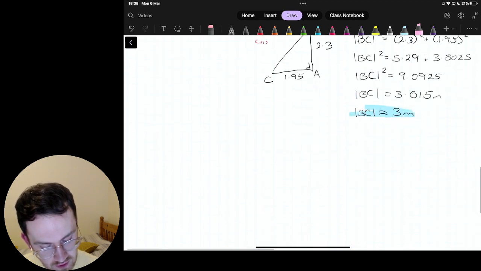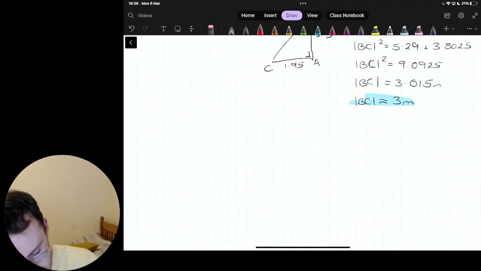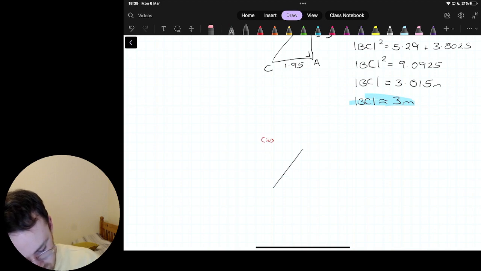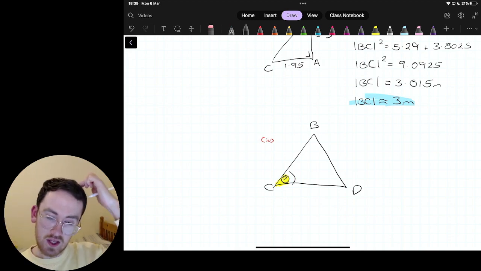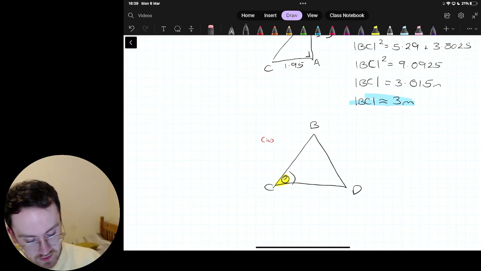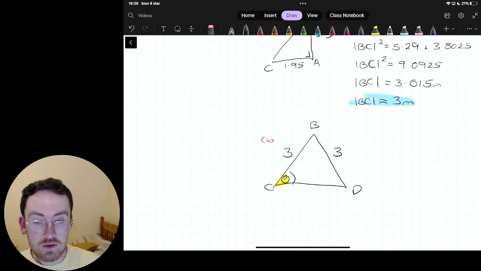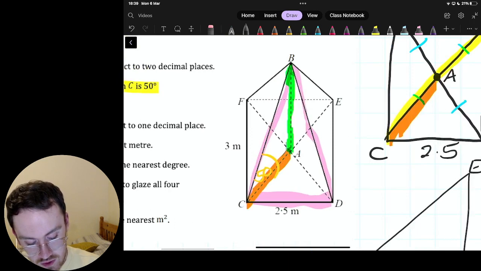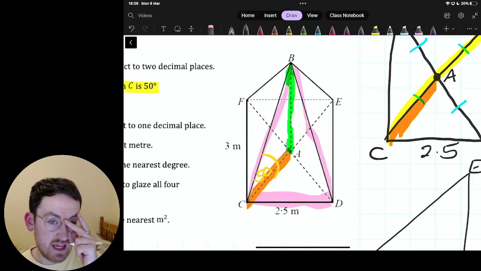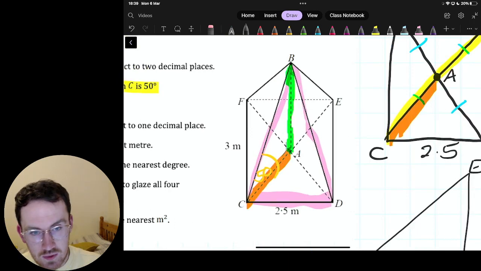So let's draw our sketch. This is B, this is C, this is D. What we want to find is this angle here, BCD, so we can call it theta. We have BC from the previous part. We should know that that will be equal to the other side as well. So those two sides, BC and BD, will be equal, as with the far sides.